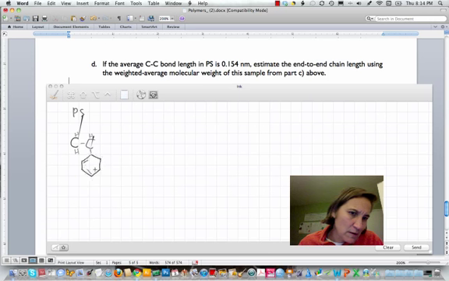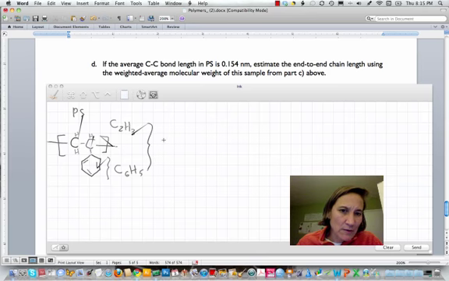So this essentially represents 1, 2, 3, 4, 5, 6 carbons, and then 6 hydrogens, missing 1, so we have 5 hydrogens in this part of the molecule, and that this is the repeating unit, and we have 2 carbons here, and we have 3 hydrogens here. So that if you add all these up, it turns out that this is 102 grams per mole. And I won't do that since I know you know how to do that.